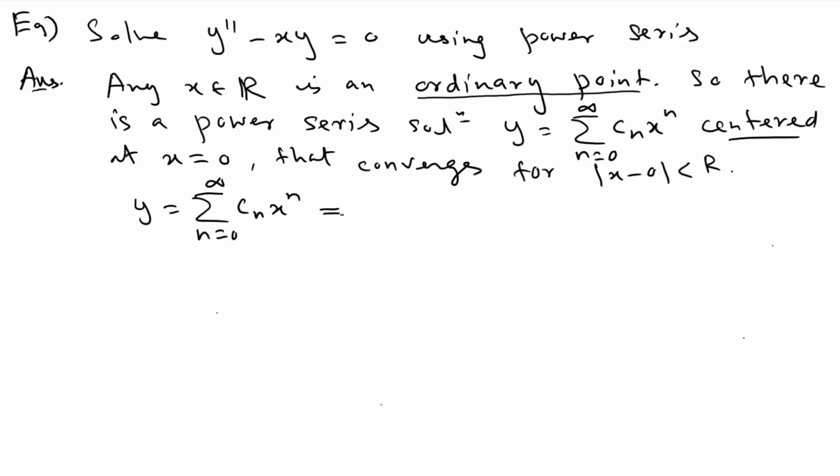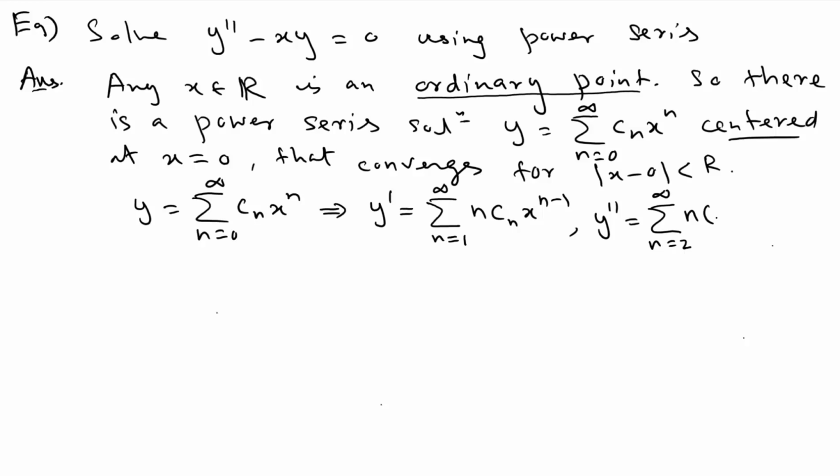This implies that y prime is equal to sigma n equal 1 to infinity n c_n x^(n minus 1), and y double prime equals sigma n equal 2 to infinity n times (n minus 1) c_n x^(n minus 2). Good.